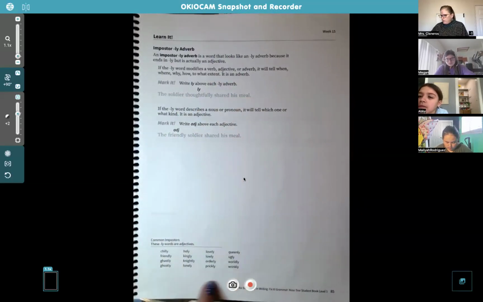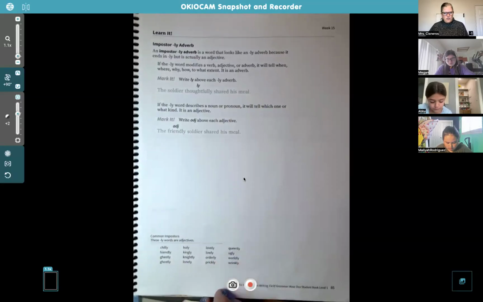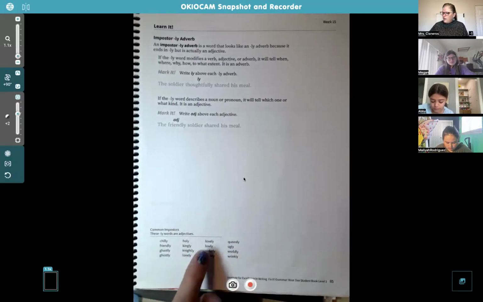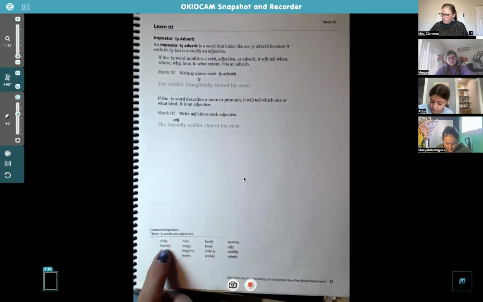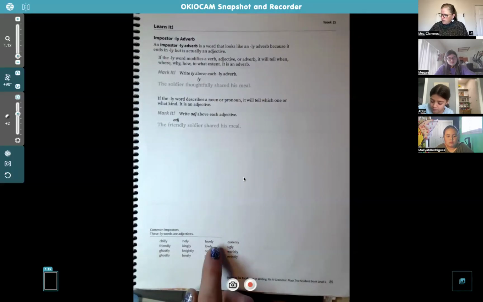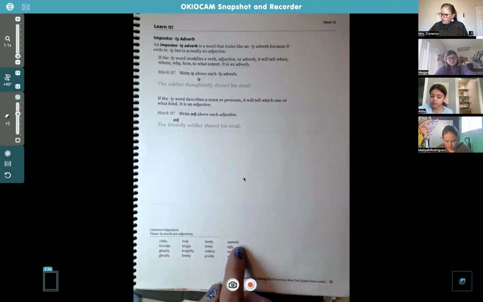Look down here at the bottom of the page on page 85. These are a lot of the common imposters. Notice how they all have ly. So it's chilly, friendly, ghastly, ghostly, holy, kingly, knightly, lonely, lovely, lowly, orderly, prickly, queenly, ugly, worldly, wrinkly. They all have ly, but they are not adverbs.